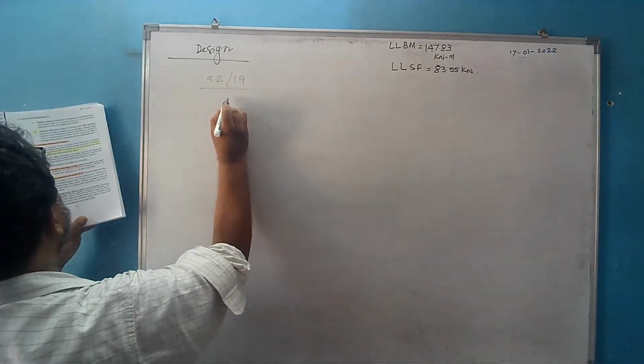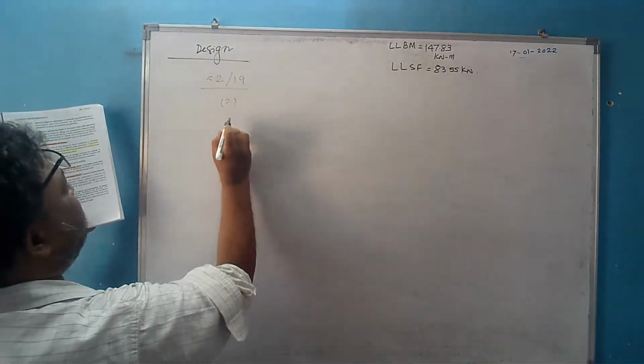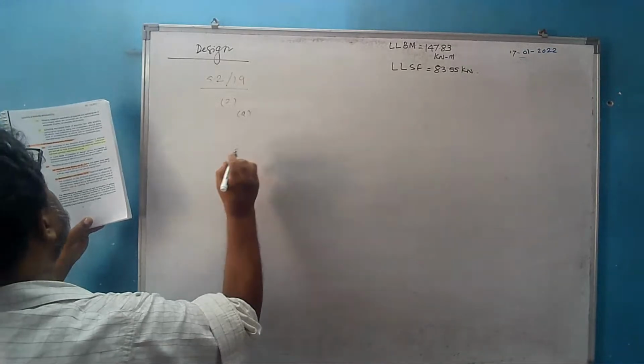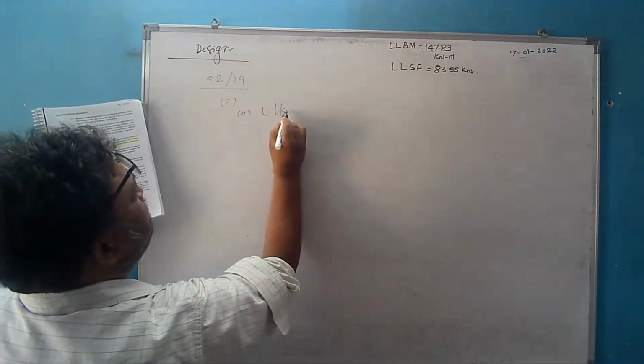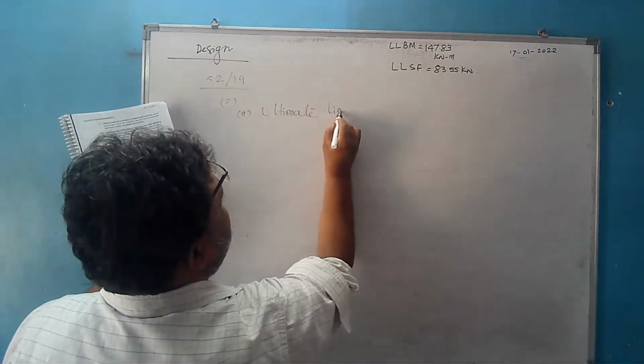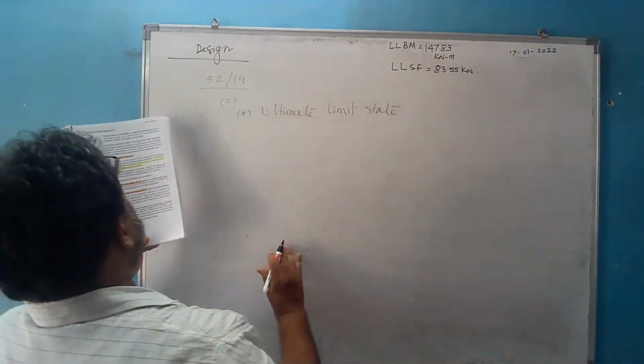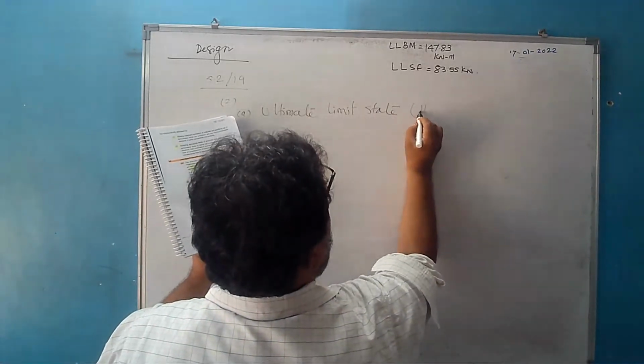Part A is the ultimate limit state, abbreviated as ULS.